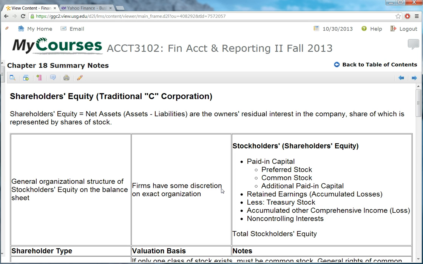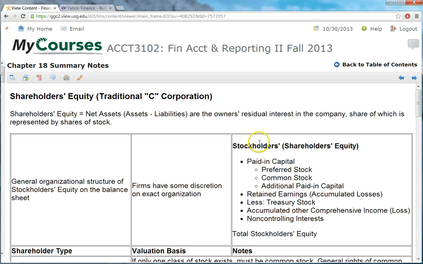There's a wide variety of types of organizations, and each one of these organizations has different owner's equity accounting. What we are talking about in this chapter is a traditional C corporation, the company that issues capital stock to a wide variety of potential investors, and that's what's covered in this particular chapter.